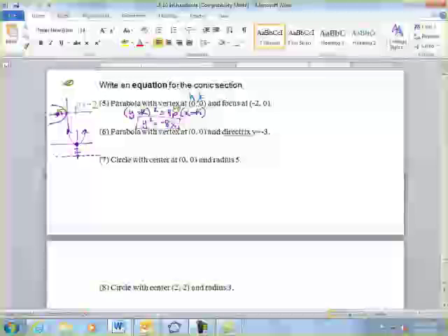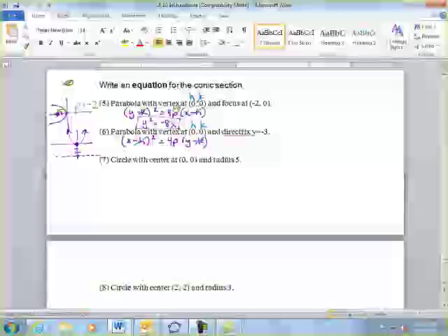Our equation then from the chart is going to be x minus h squared equals 4p y minus k for our vertical facing parabola. What are h and k? Zeros in this question. The vertex is 0, 0. So those are both 0.